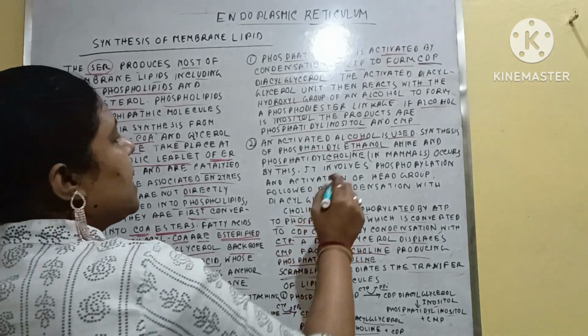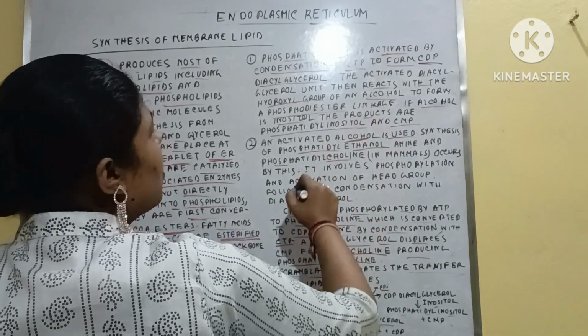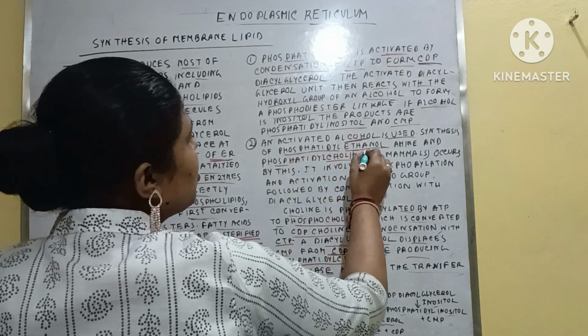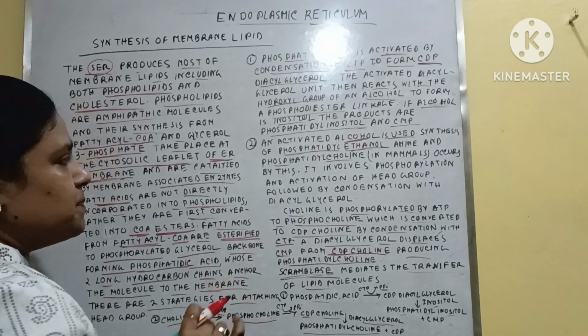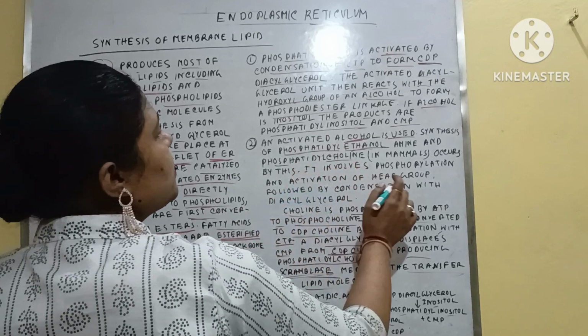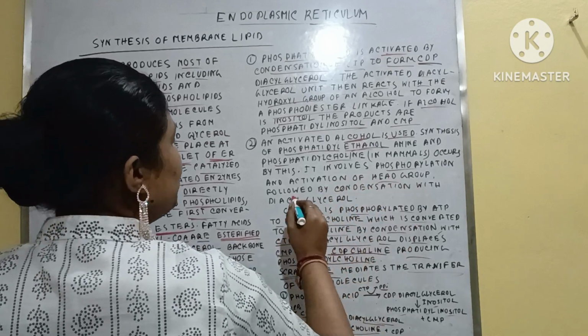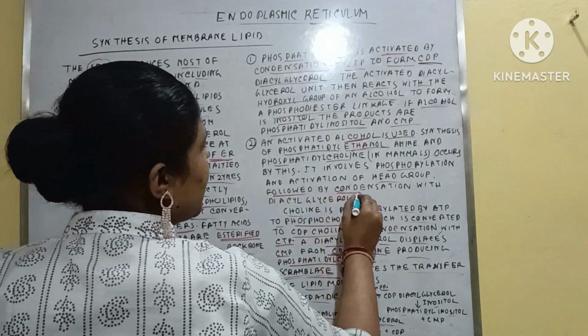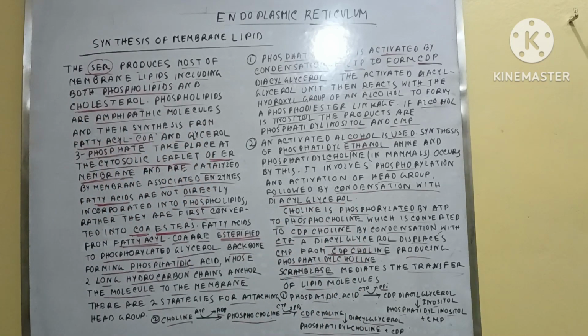Due to the use of the alcohol, phosphatidylethanolamine is the extra product along with phosphatidylcholine. It involves the phosphorylation and then activation of the head group, followed by the condensation with the diacylglycerol.